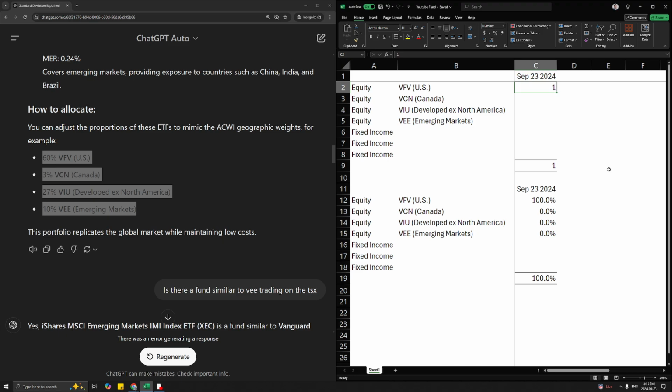Let's say if I had $1,000, right? So I'd put 600 into VFV, and then $30 into Canada, 20% into developed, and then 10% into VEE.